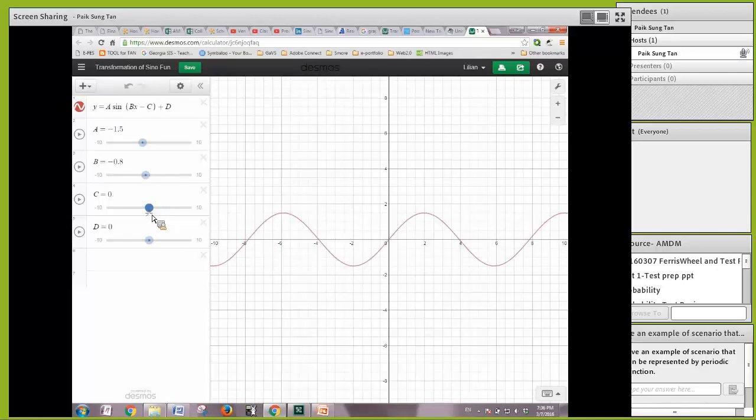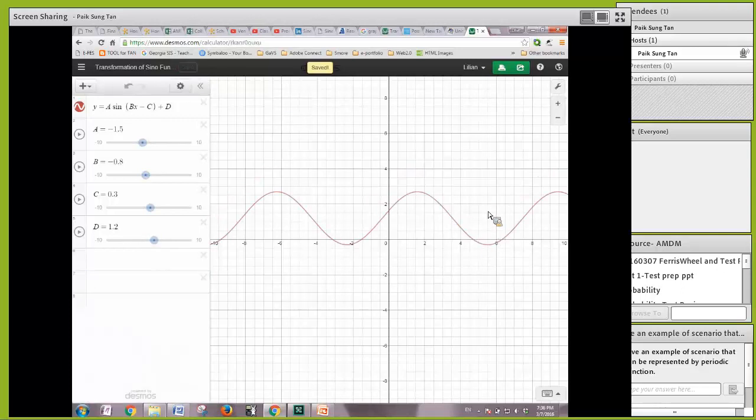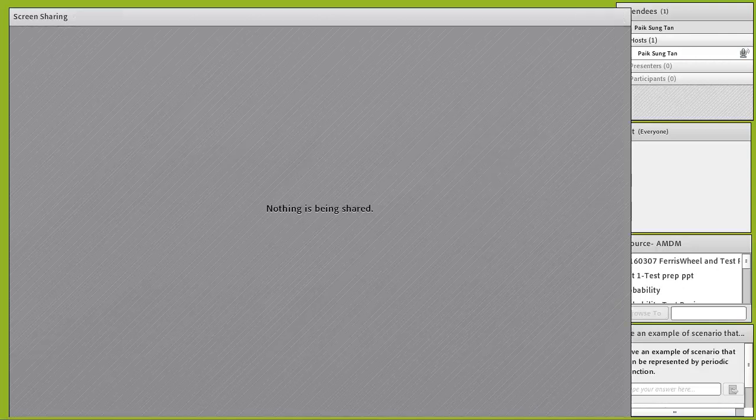Minus a negative number, the graph is moved to the right. Okay? D moving up and down. All right, I hope this helps with your understanding of sine transformation.